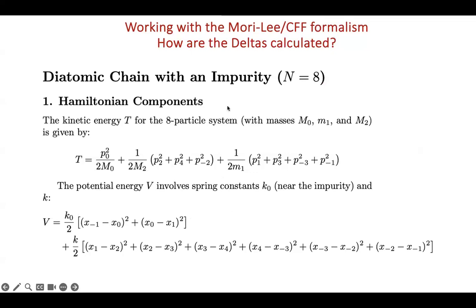You can do this diatomic chain with an impurity problem. I'm going to show it to you, but we are out of time now. But one of the things I want to illustrate to you is that I think of these set of slides that I'll bring up on Thursday as the quote unquote underbelly of how this works.